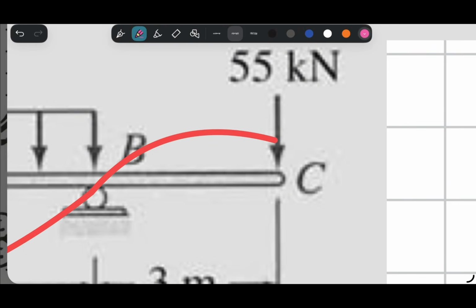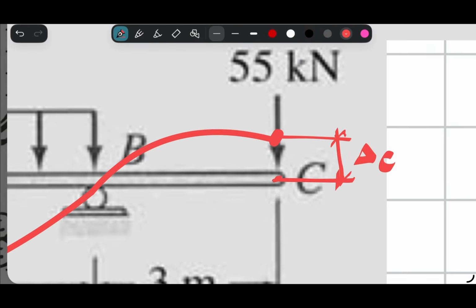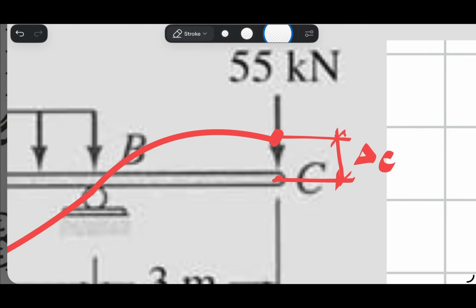Point C of the elastic curve is this one, and from it to the original position of point C, this is the deflection at C. So that is what we need to determine.